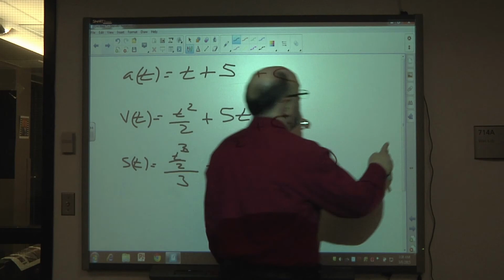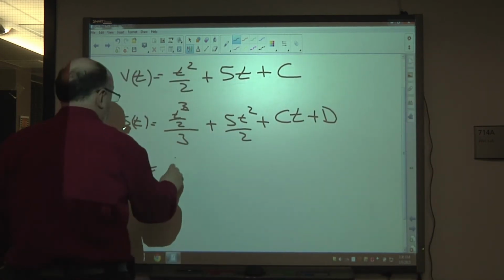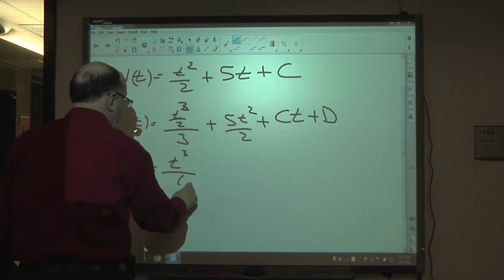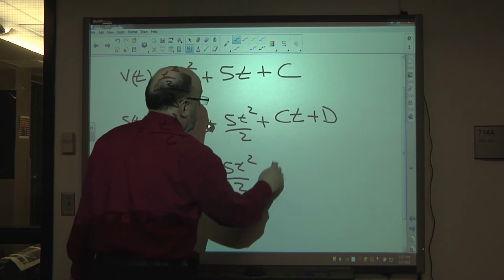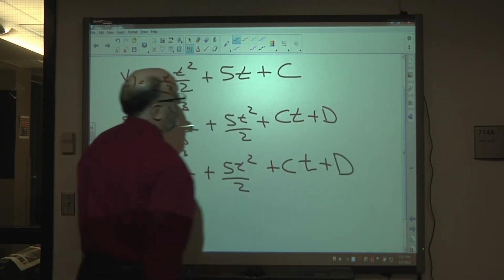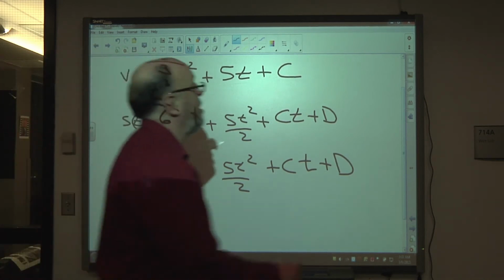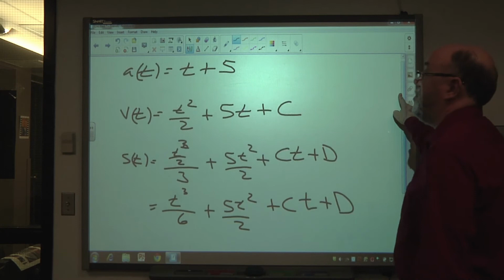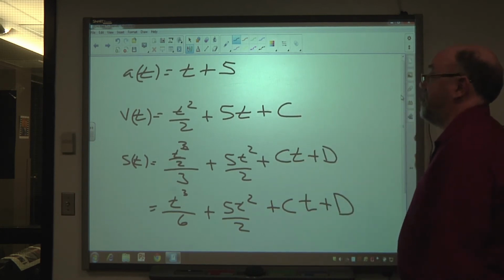That simplifies a little bit, and we end up with t cubed over 6, 5t squared over 2, ct plus d. So we start out with acceleration, we integrate, we get velocity, we integrate that again, and we get the position function.